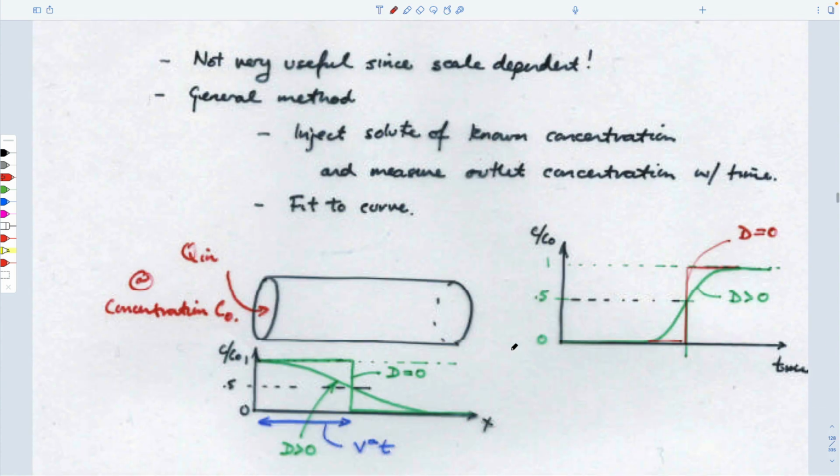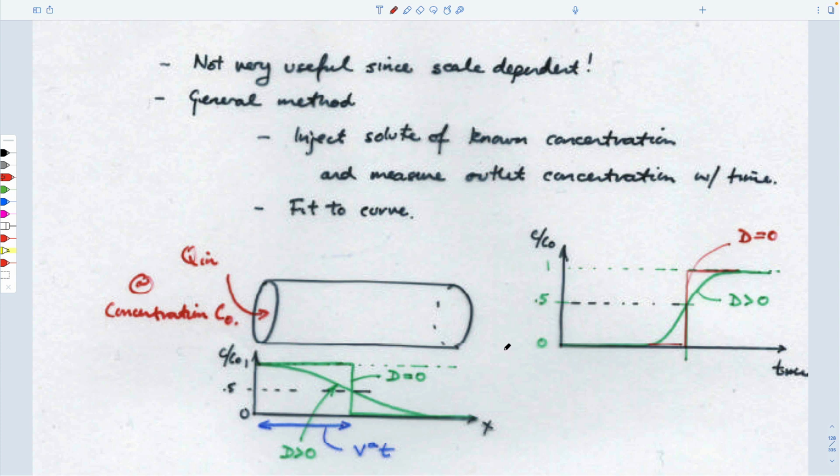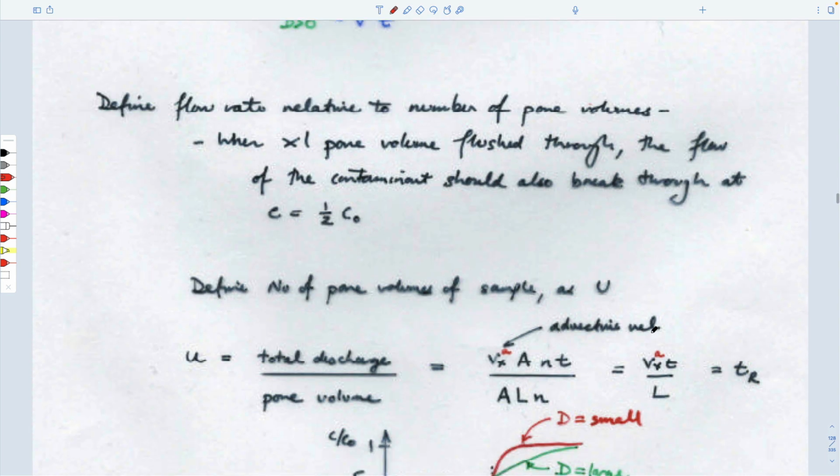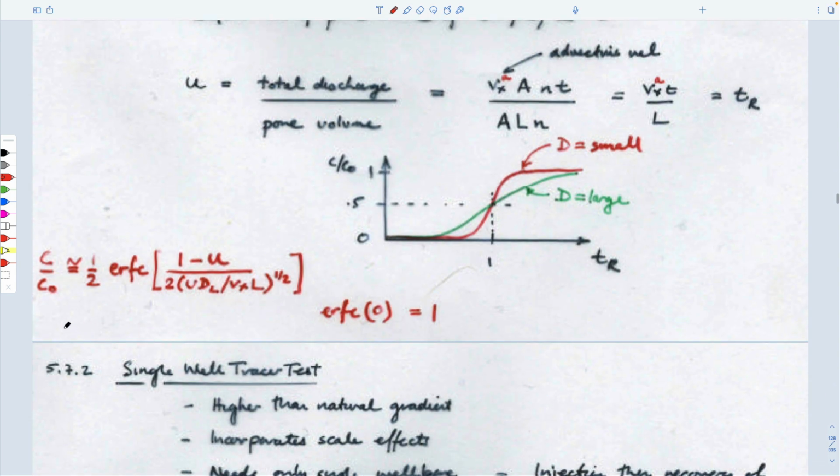So how can we do that? Well, you can imagine an obvious way to do it would be to take a core, to have an upstream boundary condition of concentration, and measure the breakthrough at the downstream end, being able to write out the expression that we already wrote out, which is basically this. This is the previous expression that we just looked at on Equatio, with one term at the end of it slightly reduced.